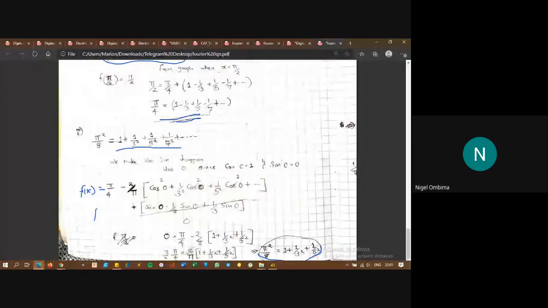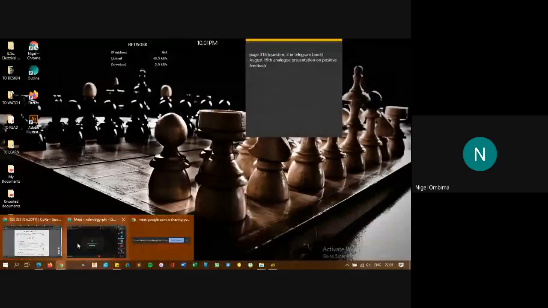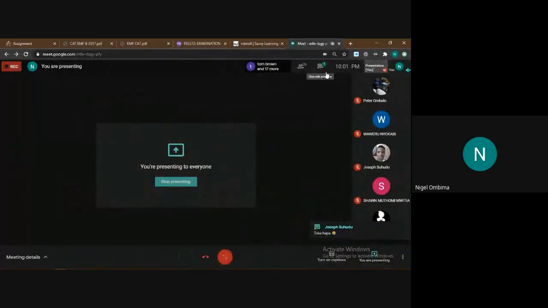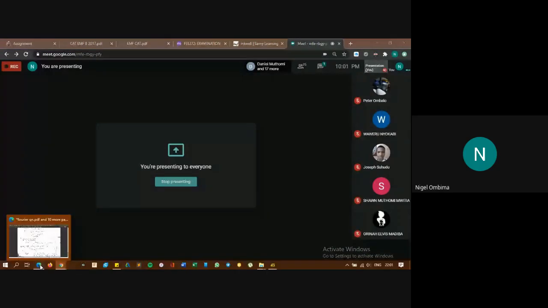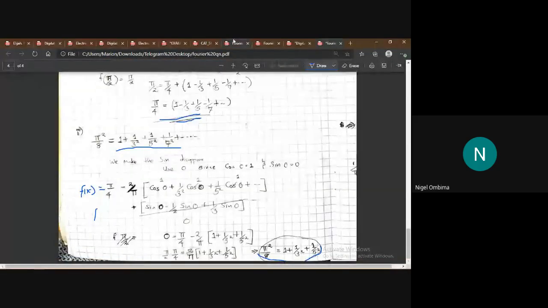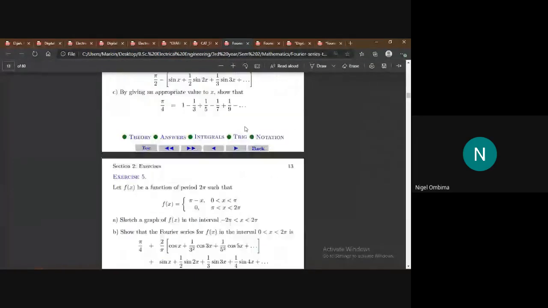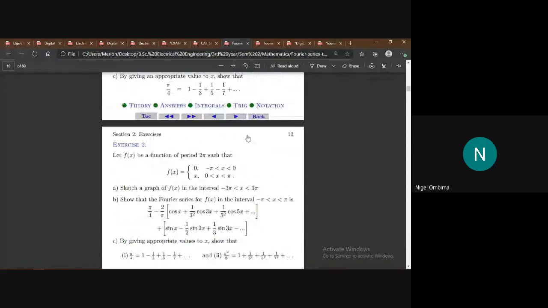Kama kuna mtu ako na swali, I raise, because mimi nishamaliza swali yangu. Alafu just a quick note. Kuna PDF yenye alituma ya Fourier series. Amelift hiyo swali directly from your PDF. It's question 2 actually.